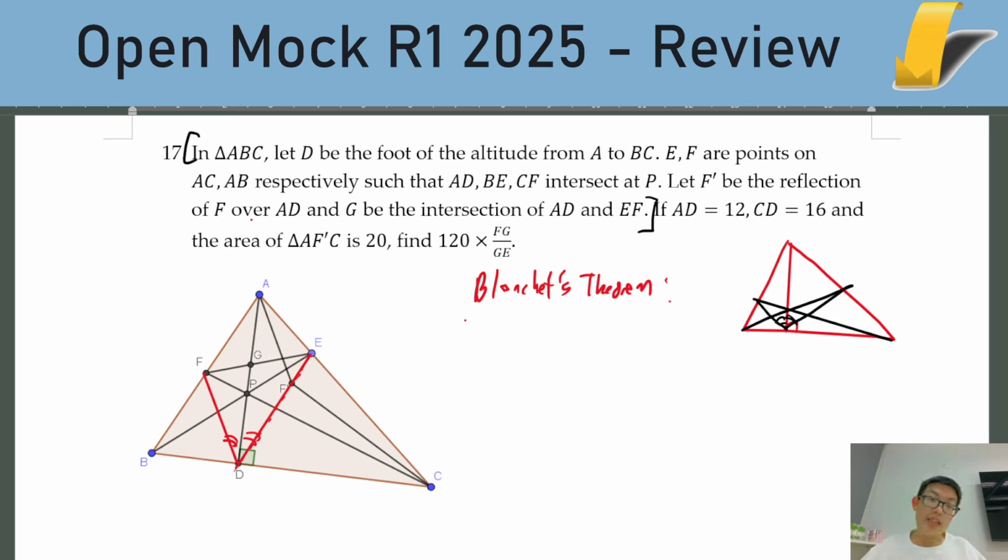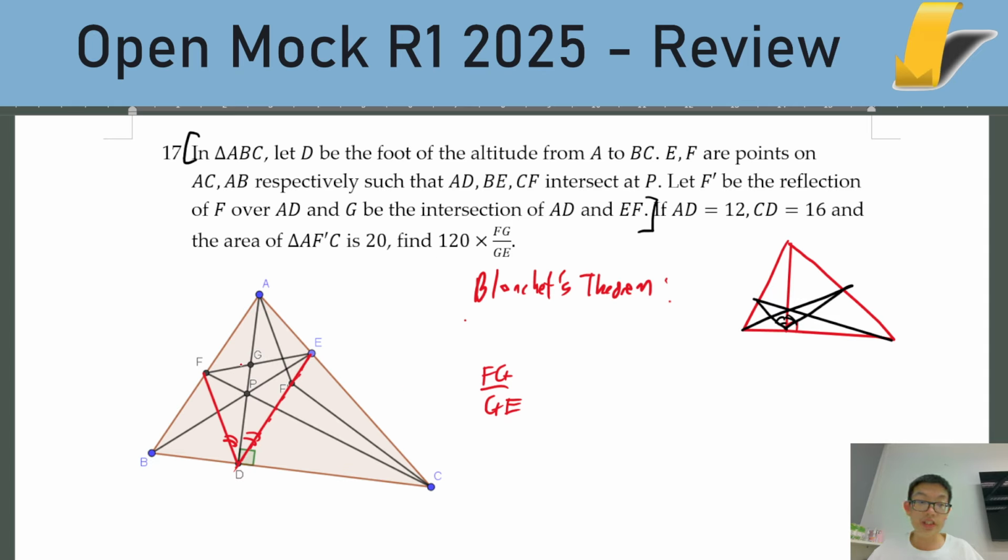Of course, this now makes our life a lot easier because it also is true that your angle bisector is useful for the angle bisector theorem. Yeah, Blanchard's theorem is literally just saying that this is an angle bisector.